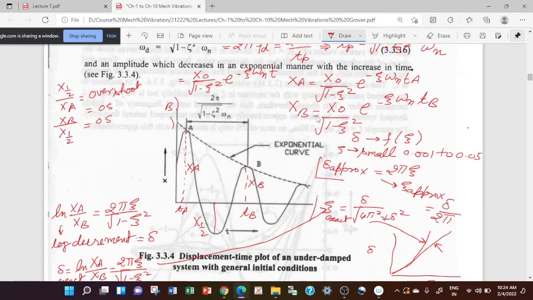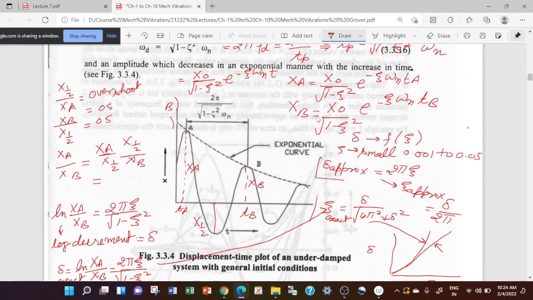So if I multiply this one, and now if I write xa upon xb, it will come out to be x half xa upon x half, then x half upon xb.